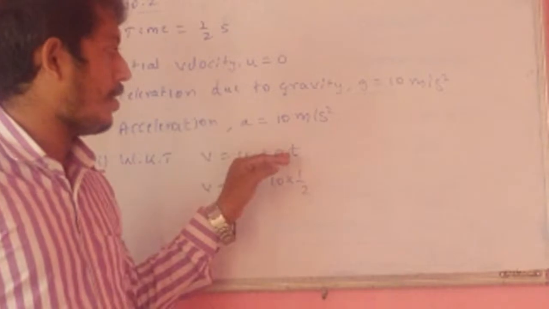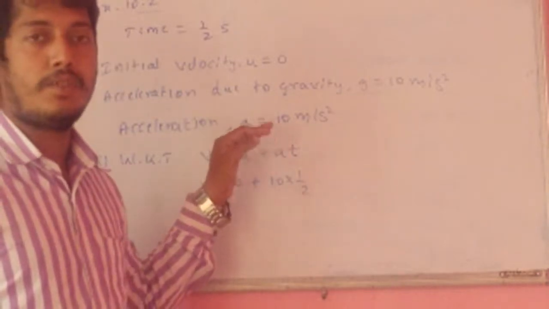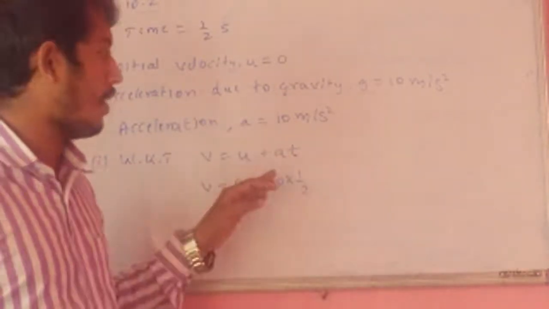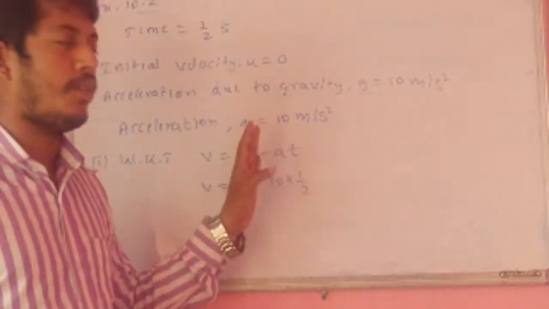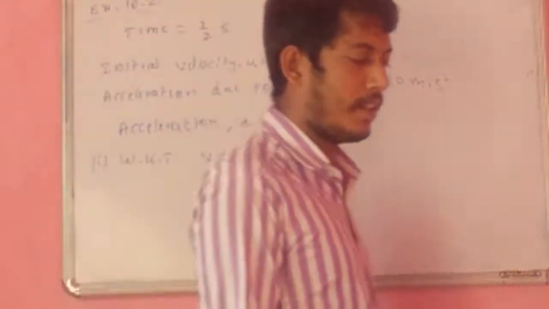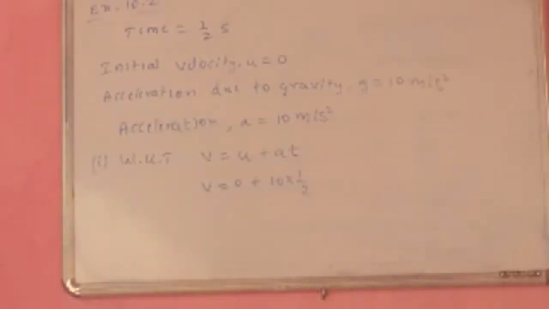The acceleration is the same as acceleration due to gravity, in the downward direction, that's why it is plus 10. And the time is given as half a second. Just solve this and comment with the answer fast.